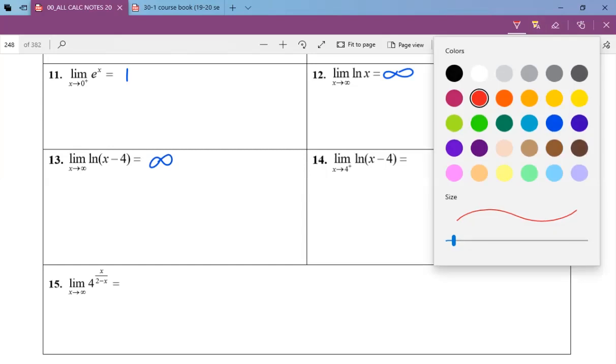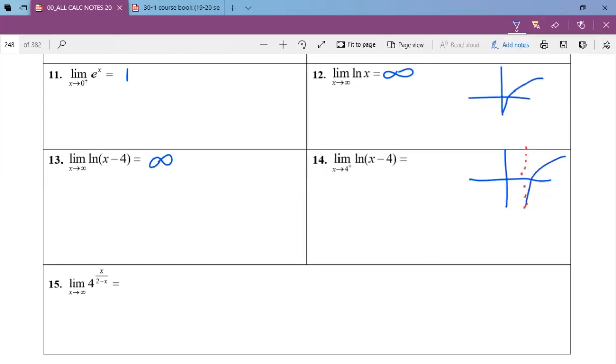So our vertical asymptote is x equals 4. And as x goes to 4 from above, we're looking at x getting really close to 4, and so this ends up being kind of down here, so to speak. And so this ends up equaling negative infinity. So conceptually, there's a little bit more to that.